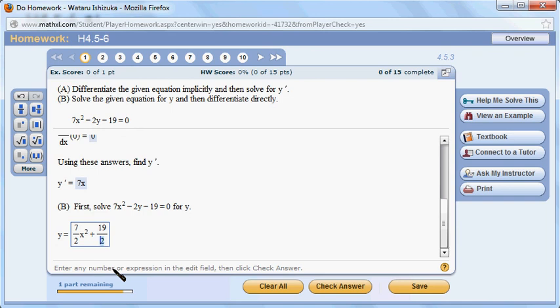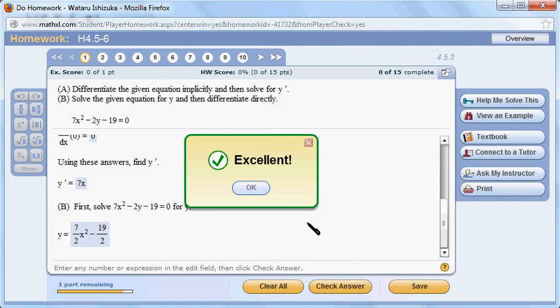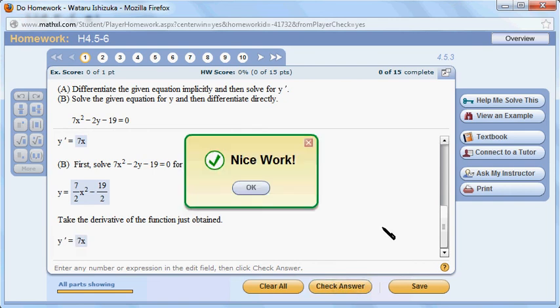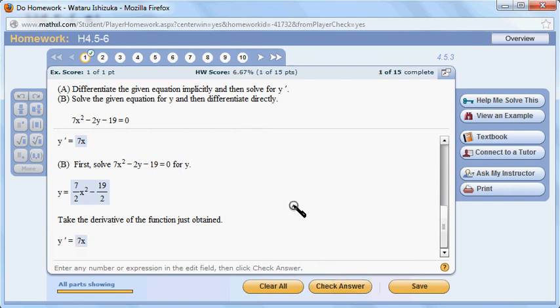Actually, it was minus 19 over 2. Let's check the answer. All right, got that. Then the derivative is of course the same, 7x. Check that. Got that. All right, that's it. I hope that this was clear.